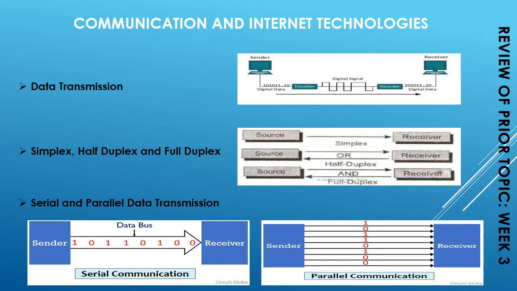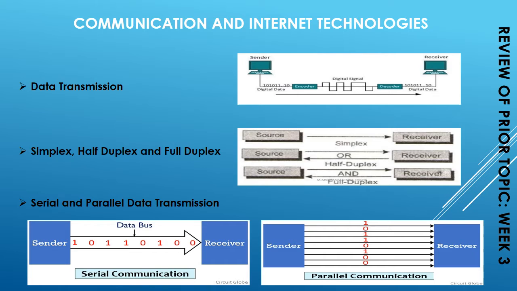These 3 modes of communication basically emphasize the direction of the flow of data. So, in simplex data transmission, data is sent from sender to receiver in one direction only. Example is television broadcast. In half-duplex data transmission, data is transmitted from source to destination or from destination to source, but one at a time.